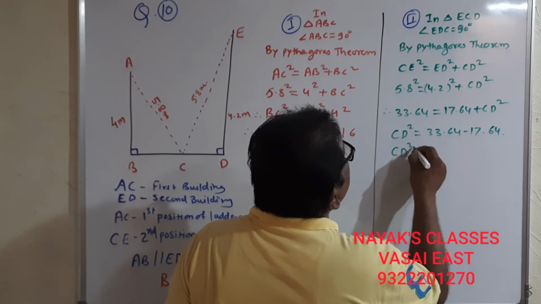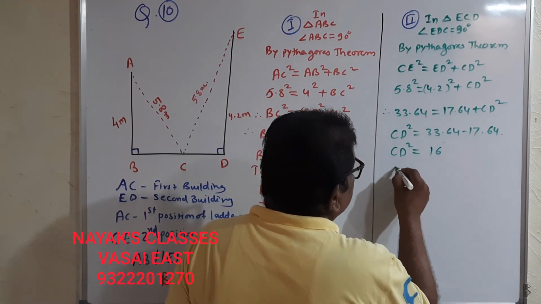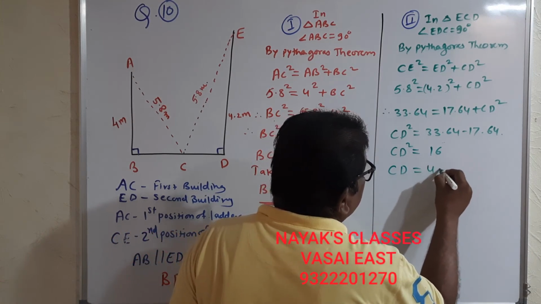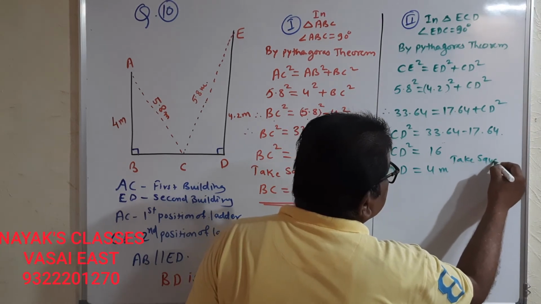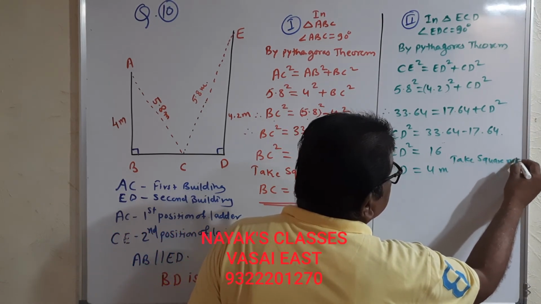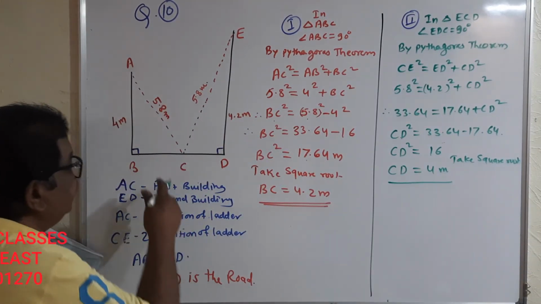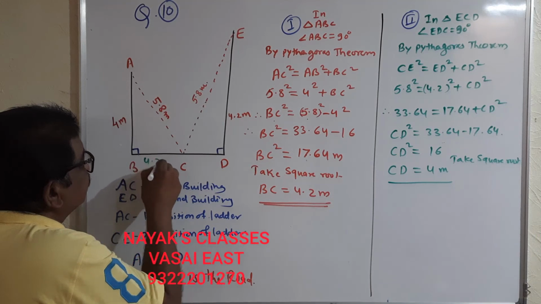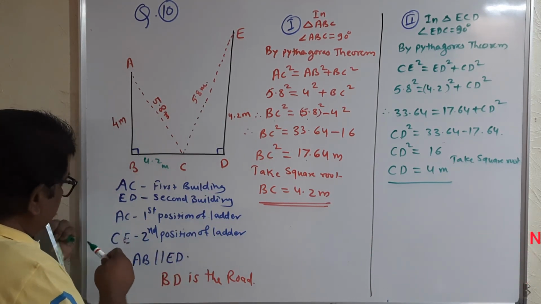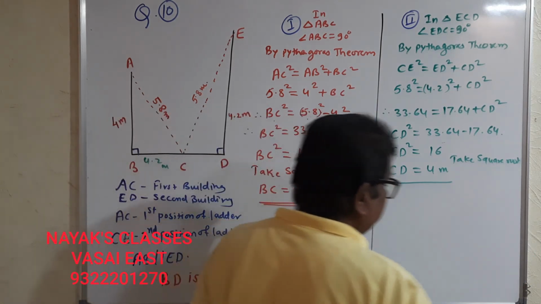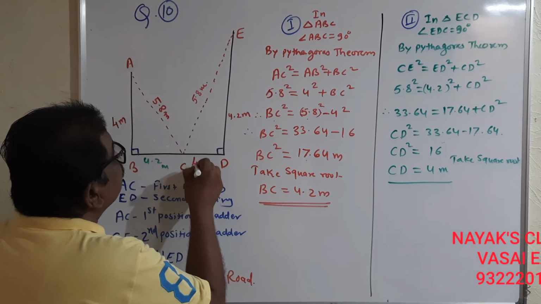So CD square is equal to 16. So CD is equal to 4 meter, taking square root. So now BC is 4.2 and CD is 4 meter.